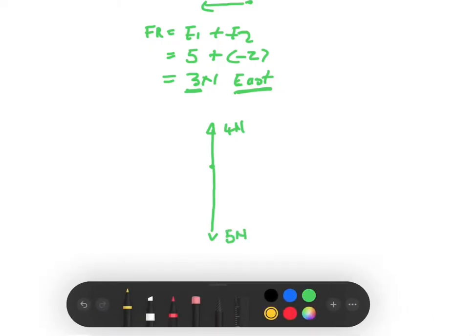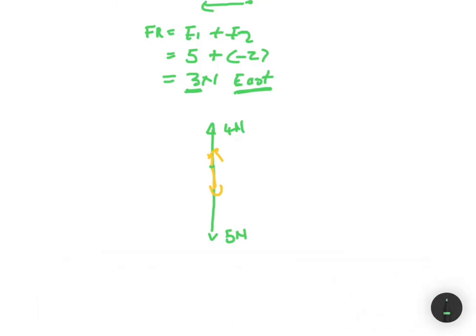Let's just add another force. So let's say we have another force here and then another force here, right? Let's say this force here is 2 newtons, and this force here is 0.5 newtons. So how would we solve a problem like this?